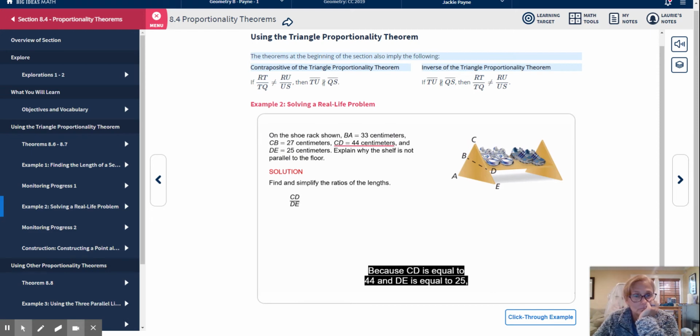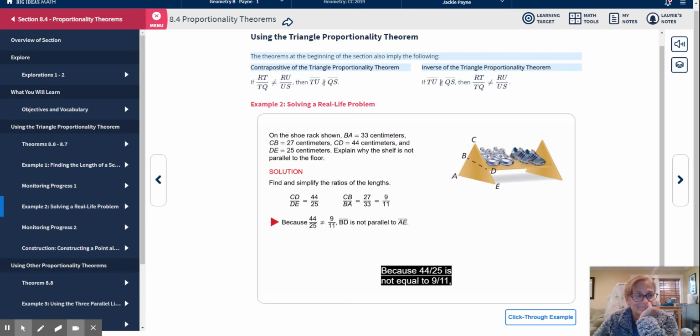Because CD is equal to 44 and DE is equal to 25, CD divided by DE is equal to 44 divided by 25, or 44/25. Next, find the ratio CB divided by BA. Because CB is equal to 27 and BA is equal to 33, CB divided by BA is equal to 27 divided by 33, which equals 9/11.